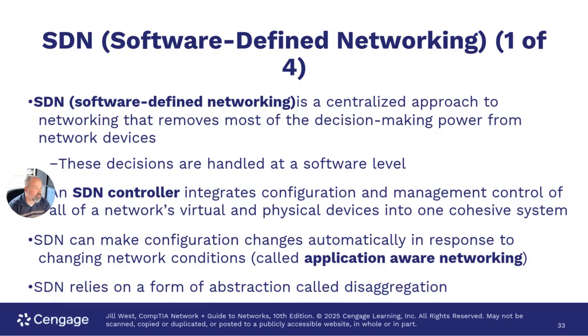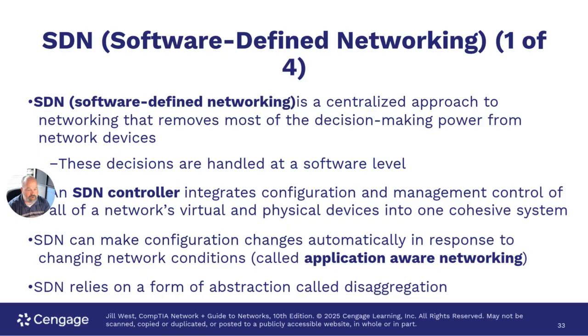Next is software-defined networking, shortened to SDN. And SDN is the control freak of the networking, but in a good way. It's a centralized approach that removes decision-making power from individual network devices, and it handles it all at the software level.